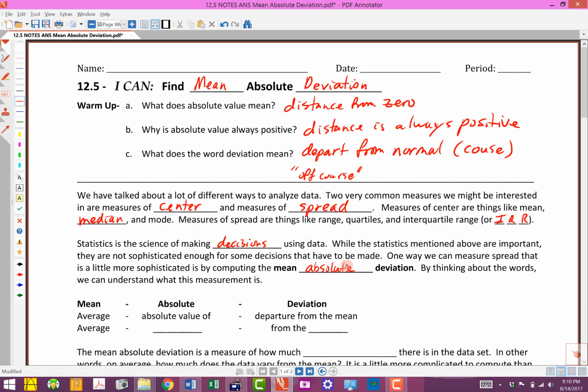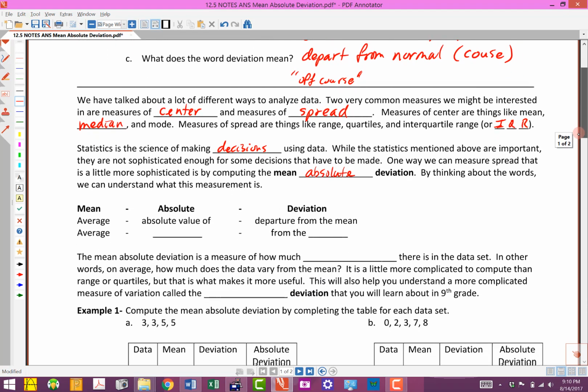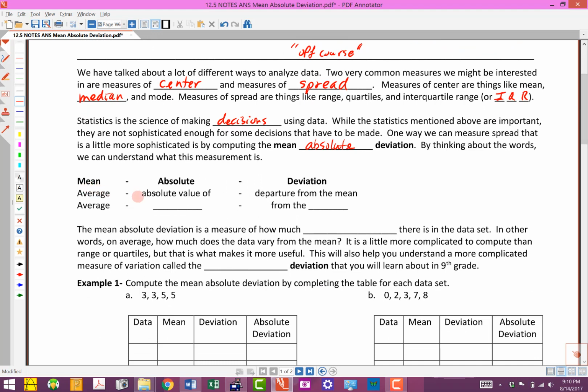There are lots of times where mathematicians will name something so that if you think about the words and what they mean, they help you figure it out. So let's break this down. We're talking about the mean absolute deviation. When we talk about mean, we're talking about the arithmetic average. So let's just call it the average. And absolute would be the absolute value of something.